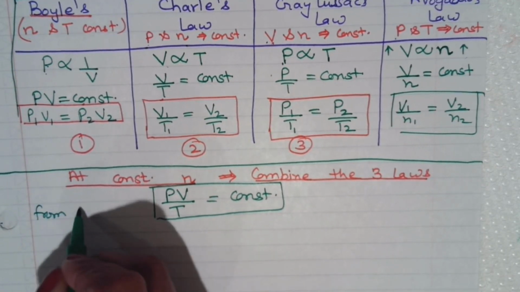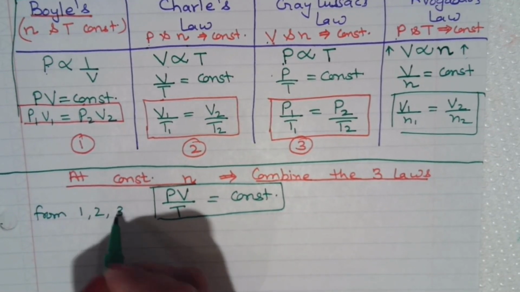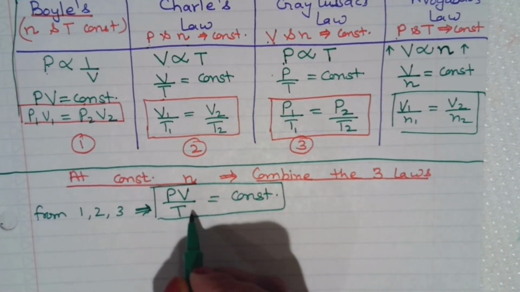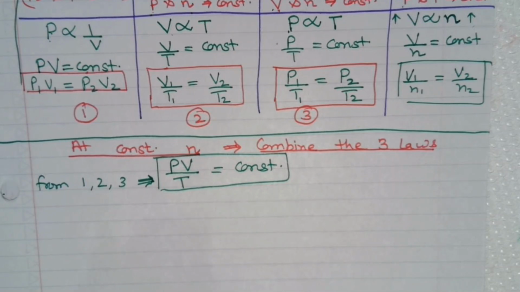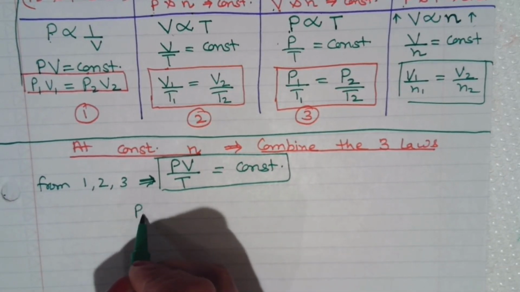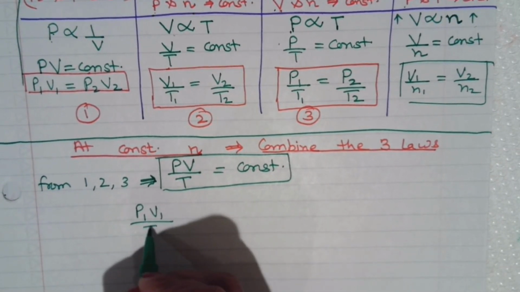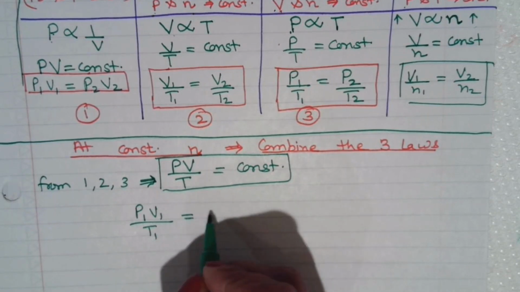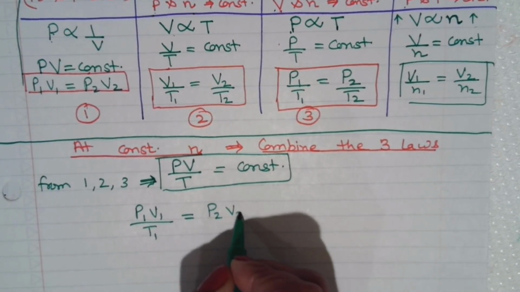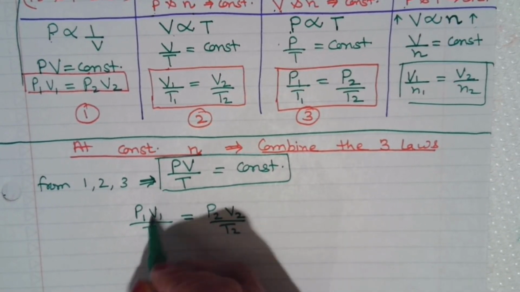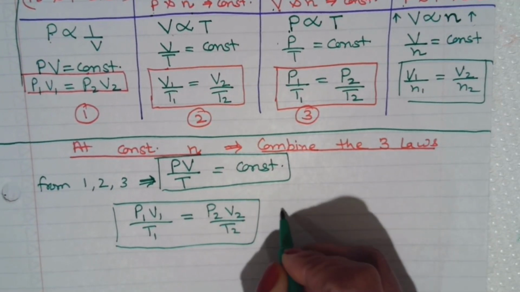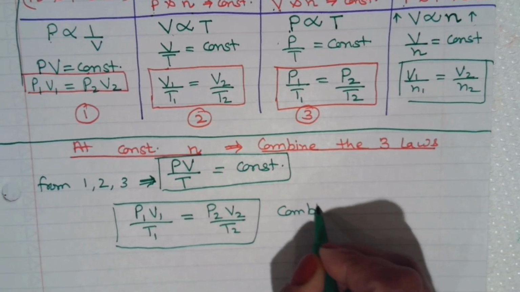So this means P1 V1 over T1, for any gas keeping its moles the same, equals P2 V2 over T2. So this is what we call the combined gas law.